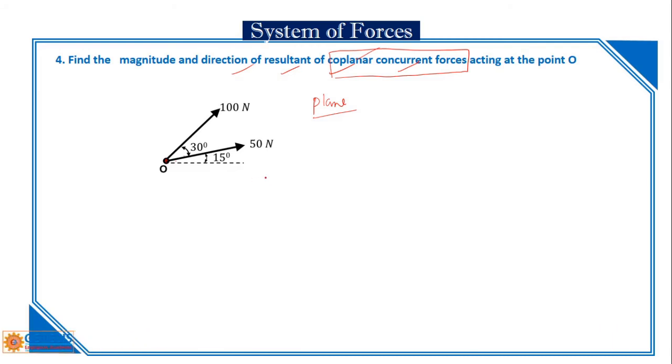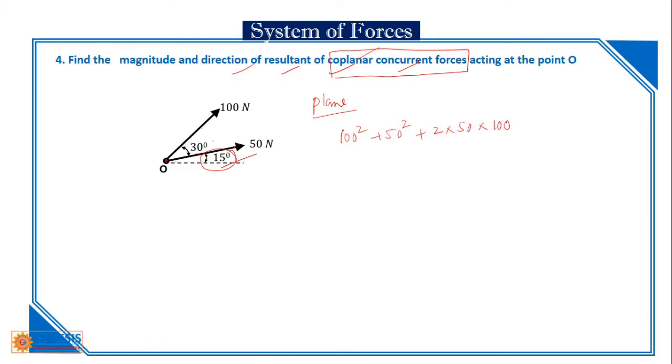Okay, so what is this one? This value is given to confuse you, and what we have to do is take the angle only between the two forces. We don't care about this one. We care about the angle between these two forces, that is 30. So R is equal to the square root of 100 square plus 50 square plus 2 into 100 into 50 into cos 30.